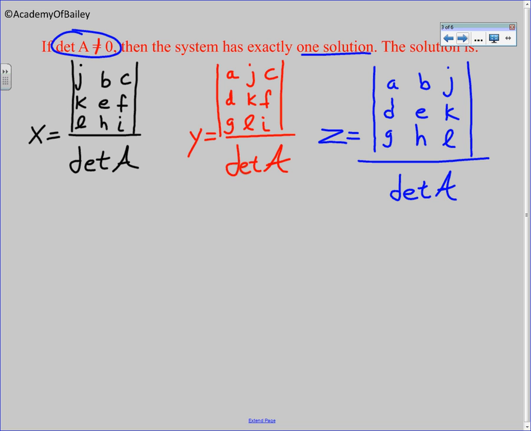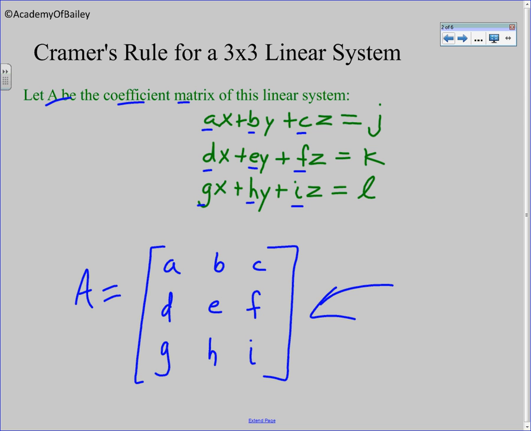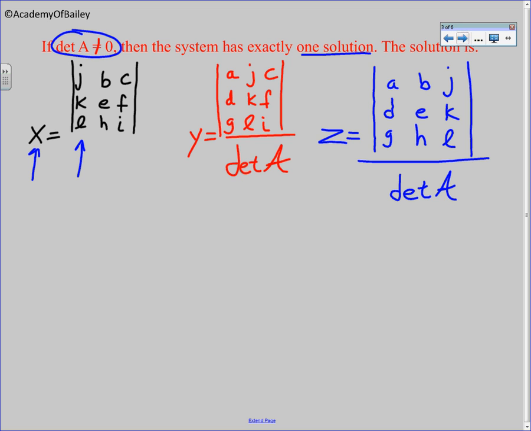Let's look here. I'm going to erase some stuff, I'll put it back in a second. We're trying to solve for x. I'm sorry for the switching around, but I was running out of room here. J, K, and L, which are the numbers without variables, get put in for the x coefficients.